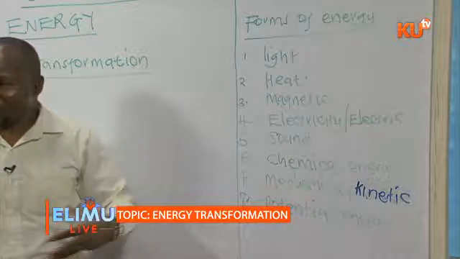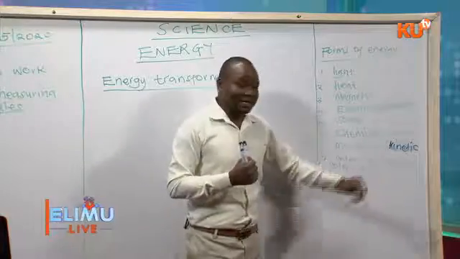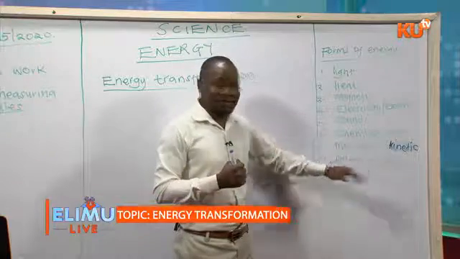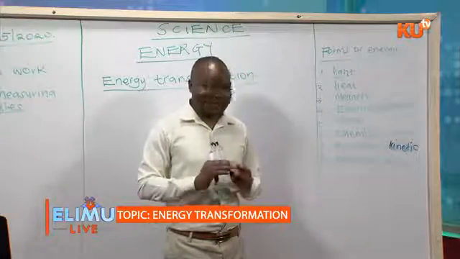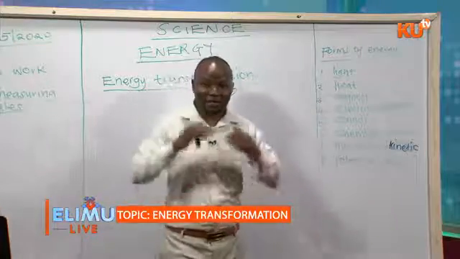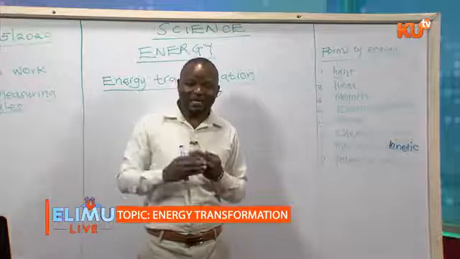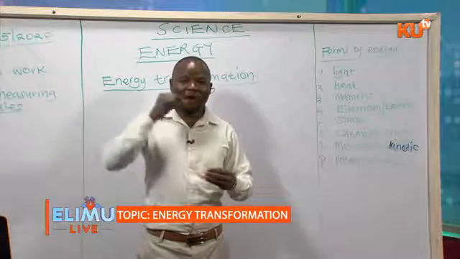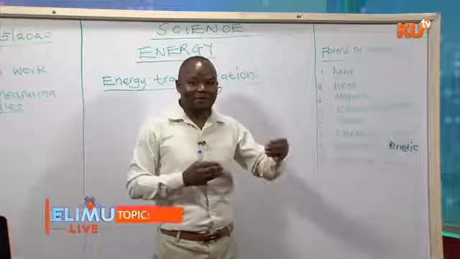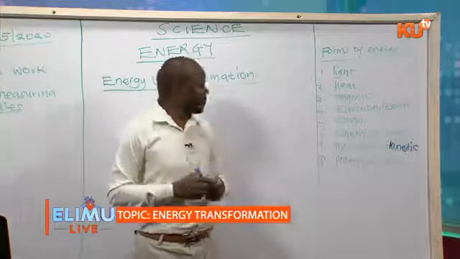Mechanical refers to machines in motion; kinetic is the energy in motion. Then we have potential energy, energy at rest. I'm going to take you through these one by one, so you understand how energy can be transformed or converted from one form to another.